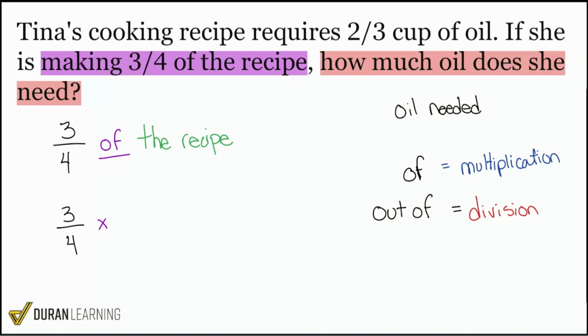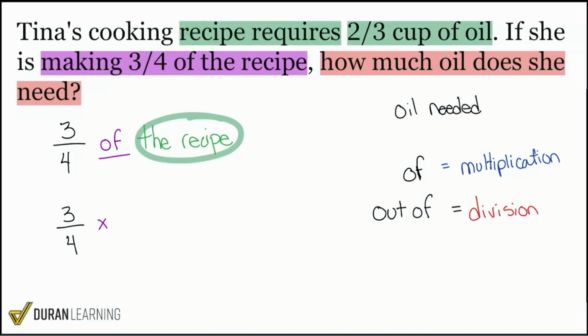And how many cups of oil is the recipe? Yeah, it's 2/3 of a cup right here. Let me just circle this. The recipe requires 2/3 of a cup of oil. So the recipe that we're going to bring down is 2/3 of a cup of oil.